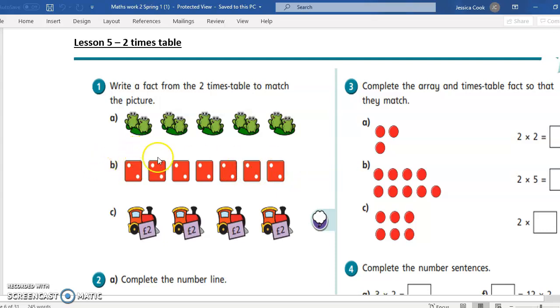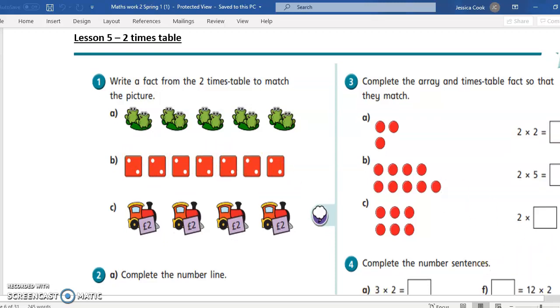We've got 1, 2, 3, 4, 5, 6, 7. We've got 7 dice. So I'm going to put a 7 here because I've got 7 groups of. And on each dice there is 2 dots. So I'm going to put 7 times 2 equals, then I'm going to go 2, 4, 6, 8, 10, 12, 14. Well done, you have a go at the other one.